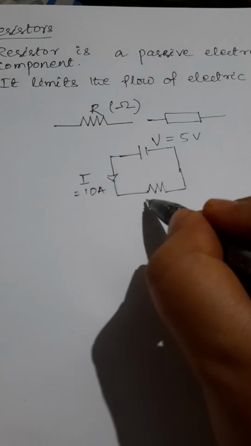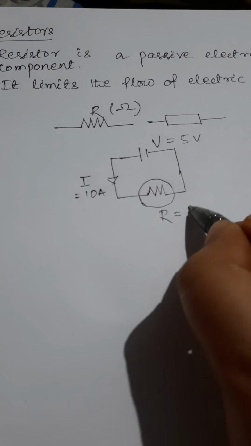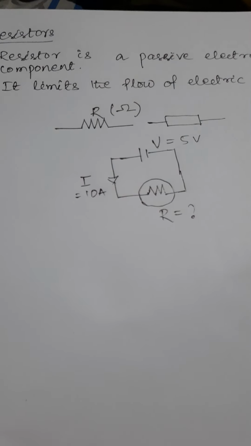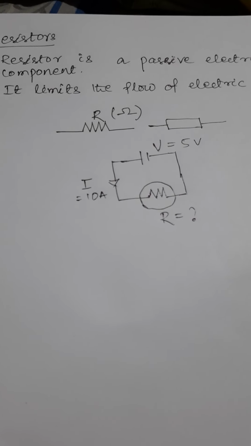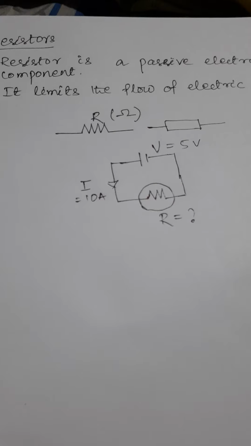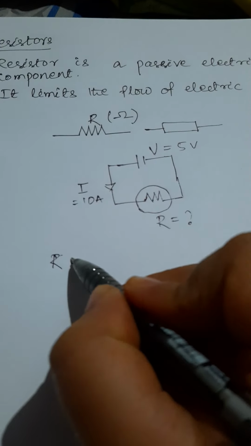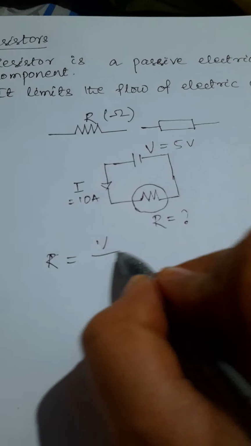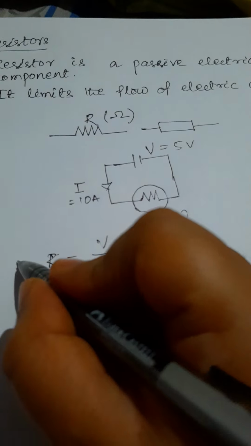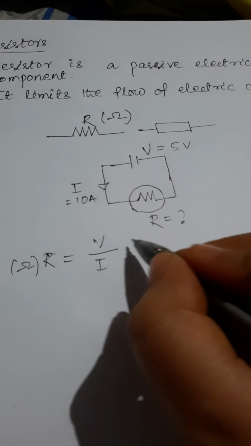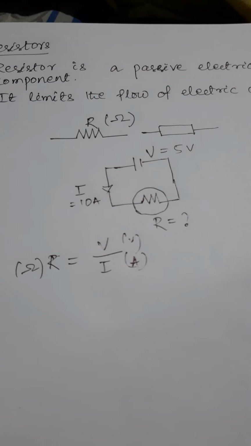Then we need to calculate the value of this resistor. How much will the resistor value be? So how to calculate this one? It follows Ohm's law. So according to Ohm's law, the resistor R equals V by I. This one is in ohm, this one is in volt, and this one is in ampere.